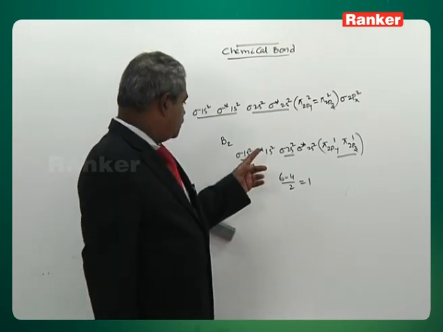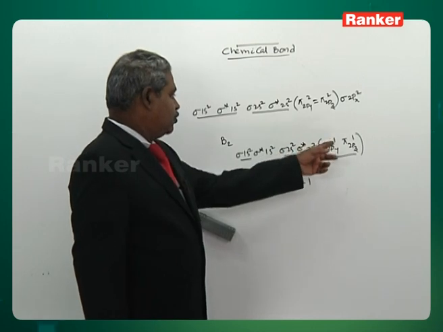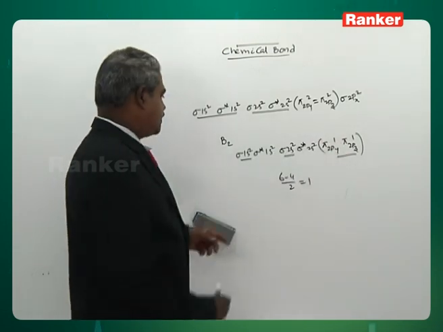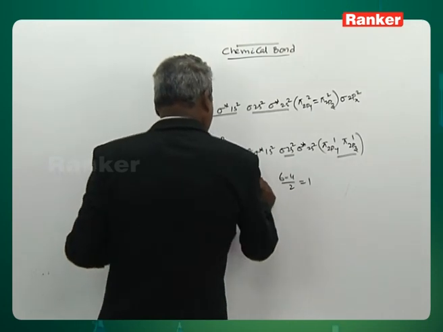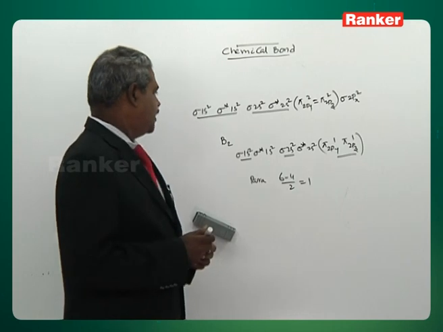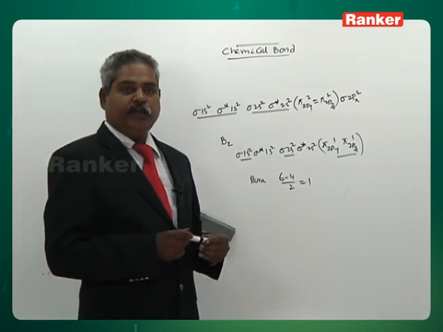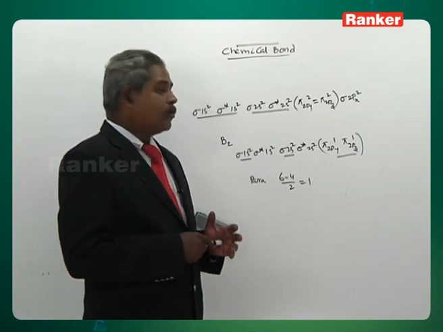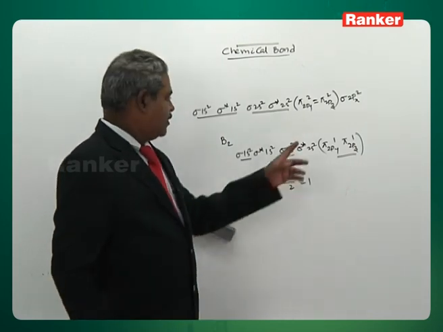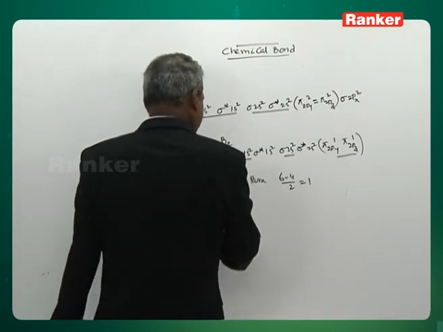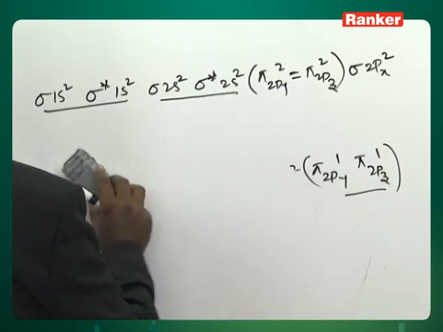Since B2 has 2 unpaired electrons in its molecular orbital configuration, it is said to be paramagnetic. So B2 exists according to molecular orbital theory, and it has 2 unpaired electrons, pi 2px1, pi 2py1. So that is for 10.